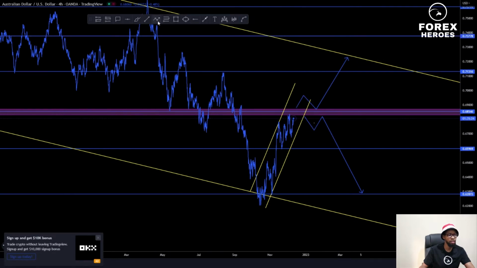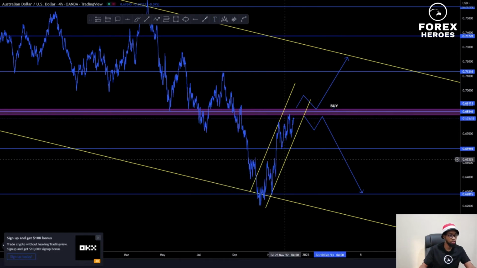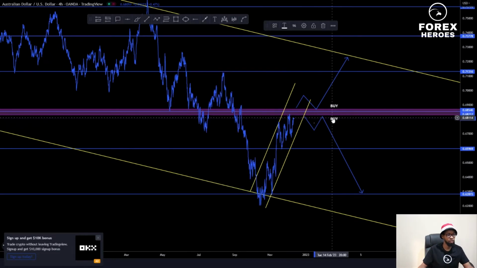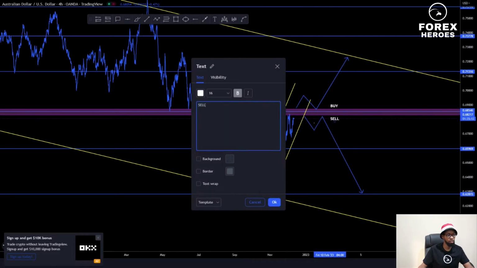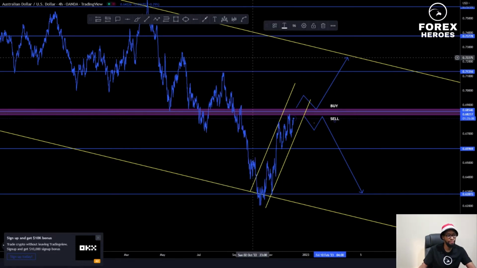So below here, when it breaks, it's a sell, and then above there, it's a buy. Let me just write it here. Buy, and then sell.